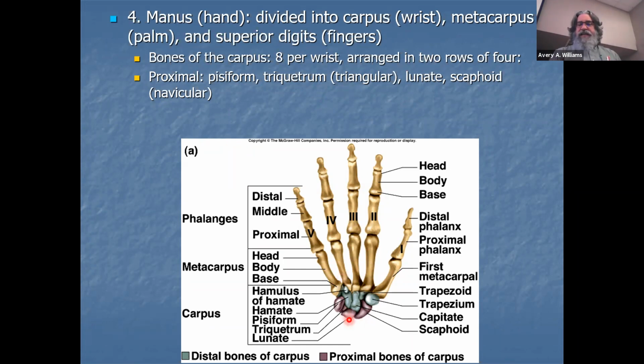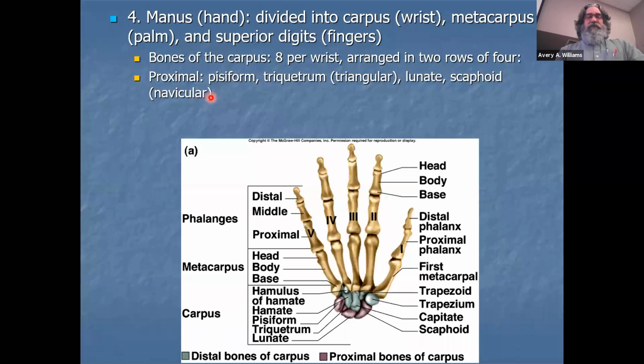Then there's the lunate. Lunate means little moon because it's a little crescent-shaped bone. And then the scaphoid. Of the 3, it's the big one. That's the one that actually articulates with the radius. Older books might call it the navicular, okay? But you have 2 naviculars.